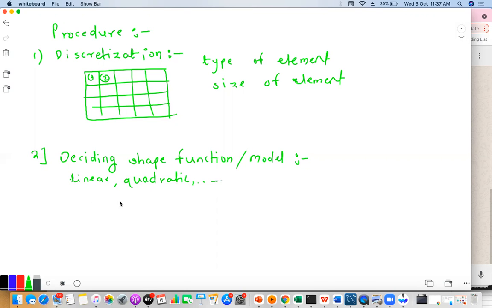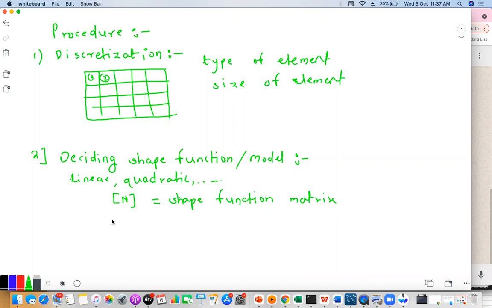And here I will introduce you to the N matrix, which is called the shape function matrix. Here I'm just introducing you to this. In actual, what it is and how it is written, we'll look into later.